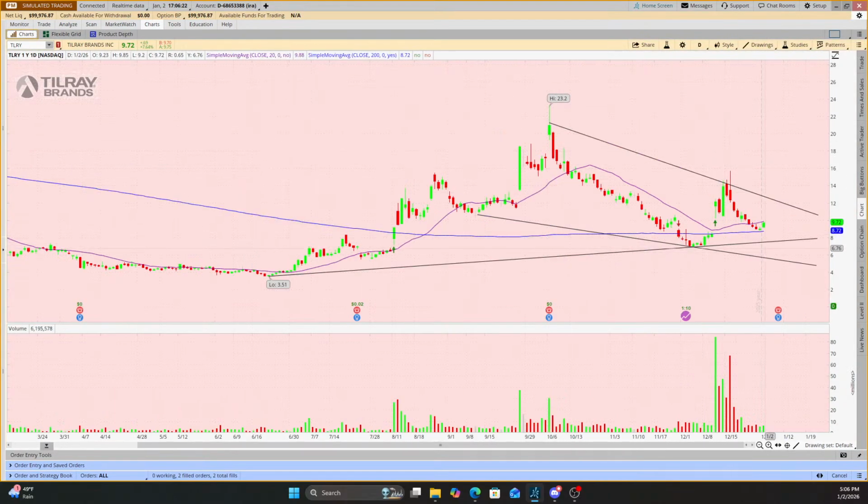So with this one, we could look at a shoot to 12. Earnings is coming up soon. So it's death or all. Then it's Tilray. So it's going to be interesting to see what this one does.